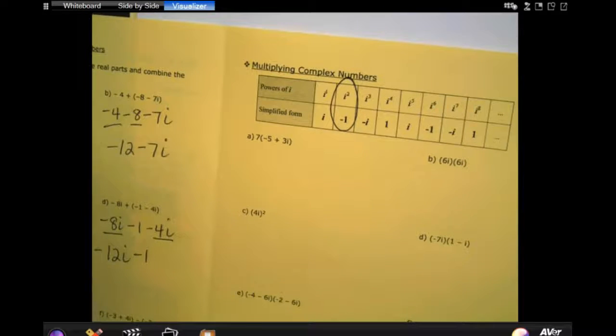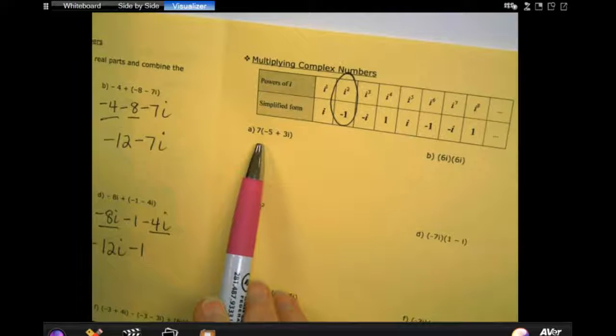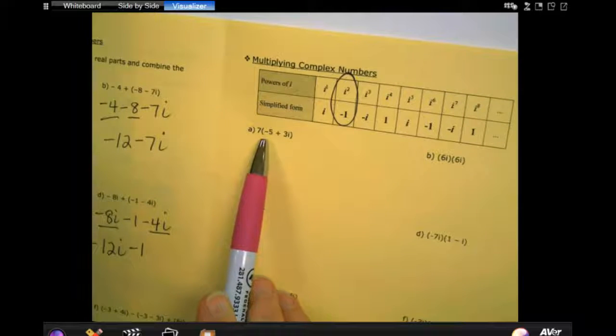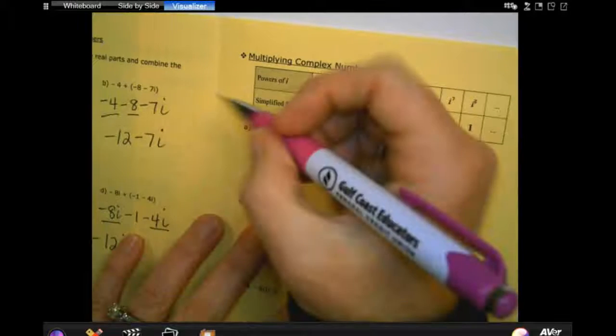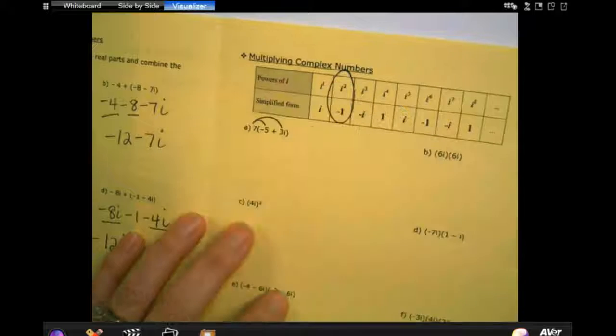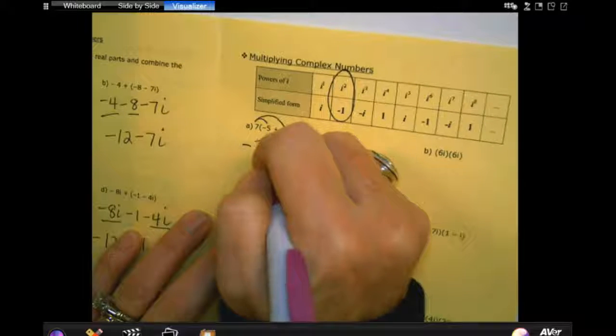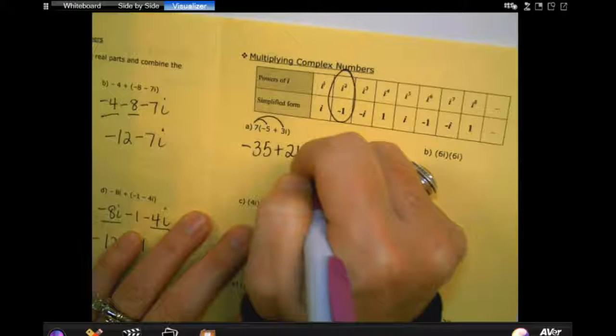So now, am I adding or subtracting here? Now I'm multiplying. They're side by side with no addition and no subtraction. So I'm going to distribute 7. And when I do that, I get negative 35 plus 21i.